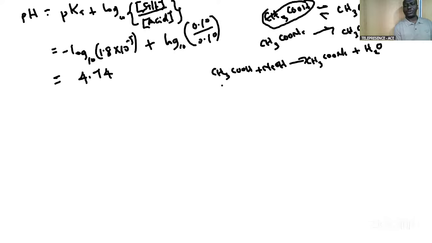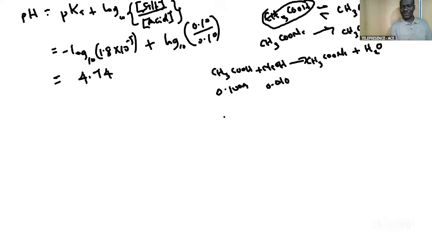All right, so you have 0.10 molar of this, and now you have 0.01 molar of this. Now, according to the stoichiometry of the reaction, the concentration of sodium hydroxide is less than that of the acetic acid, so the sodium hydroxide is the limiting reagent.